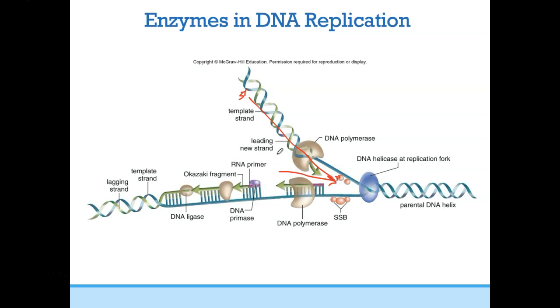So again, what has to happen is there's a short RNA primer and then an Okazaki fragment. Short RNA primer, Okazaki fragment. RNA primer, Okazaki fragment. And at the end, DNA ligase will come in and seal up all the spaces in between the fragments to make one continuous molecule. And at the end, we're going to have two separate double helices that look exactly like the parent.